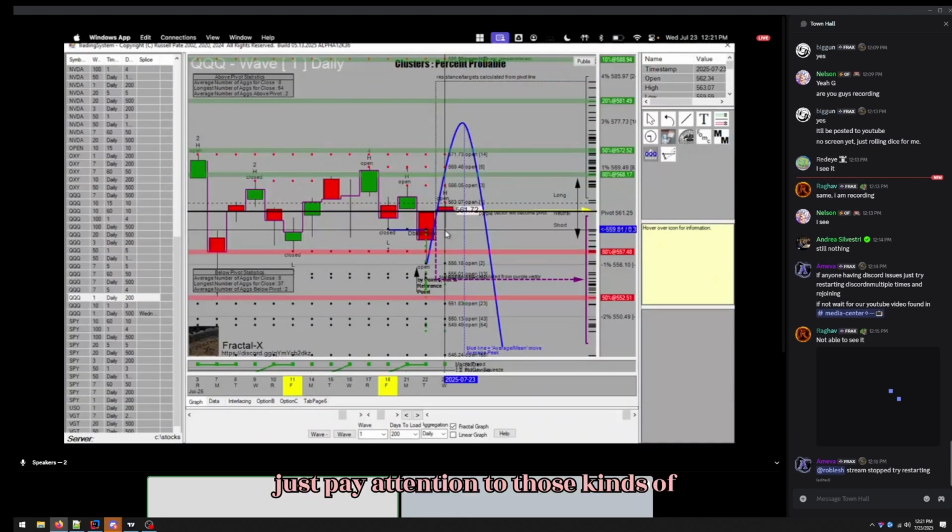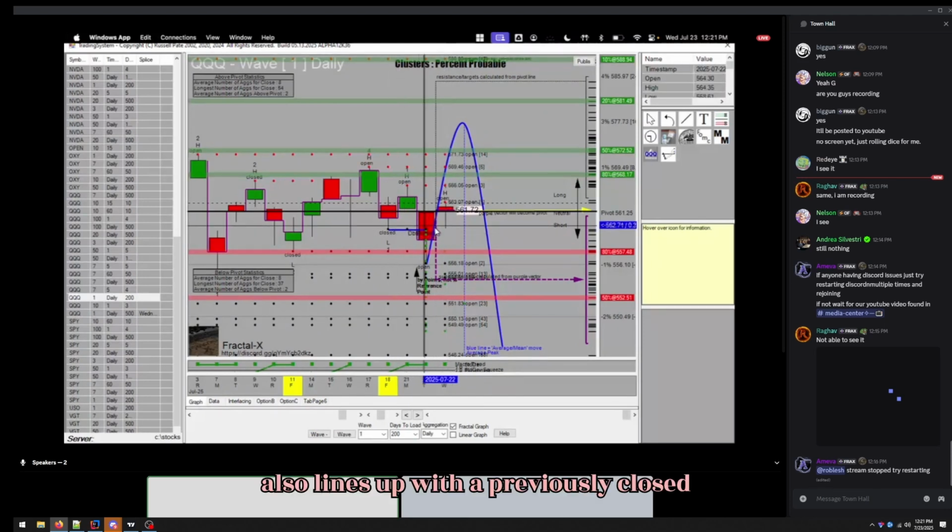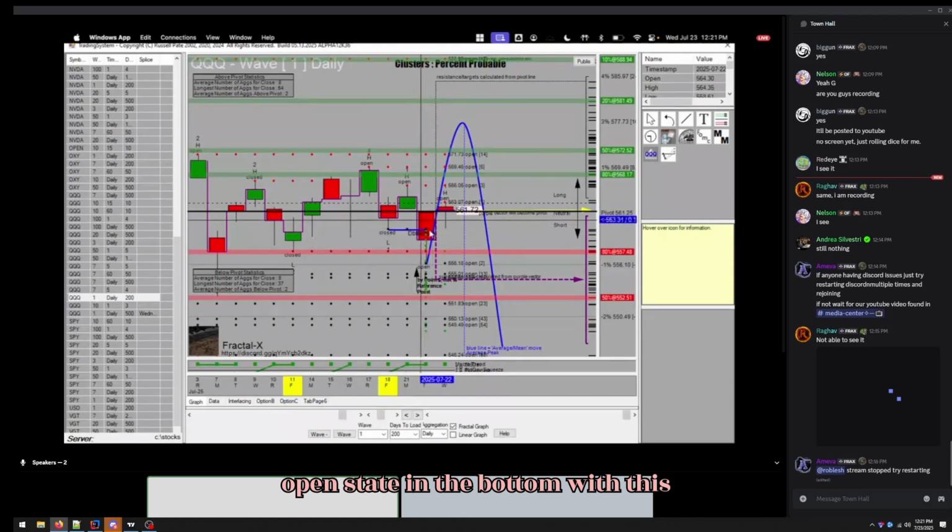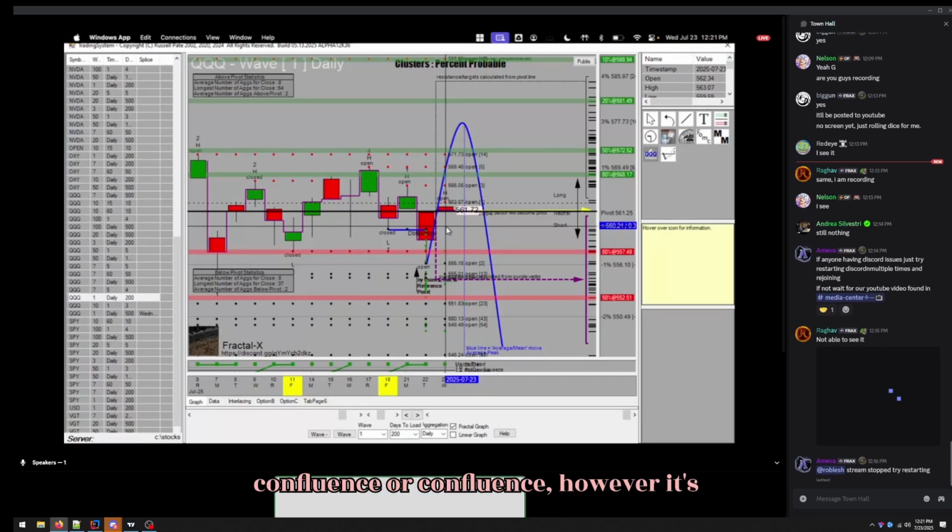So I just pay attention to those kinds of pieces of information that stack up on top of each other. This imprint over here that would have initially served as an L1 target for me also lines up with a previously closed open state and double bottom with this candle. So you want to allow the data to show you confluence, however it's pronounced, and follow the breadcrumbs.